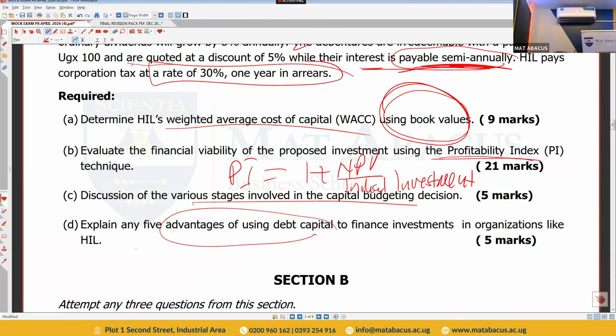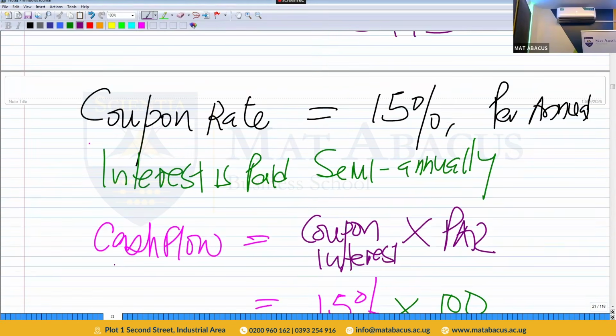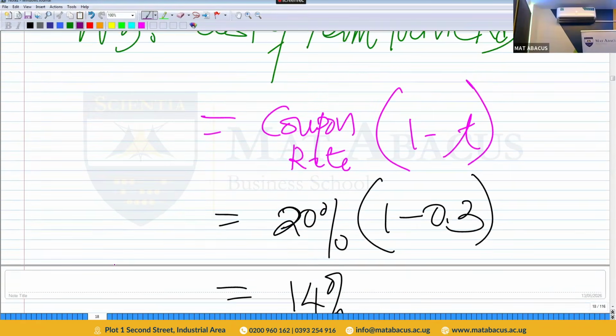Part B of the question: evaluate the viability of the proposed investment using the profitability index. Earlier, we had started well. When I carefully indicated it to you, we go back and recap.